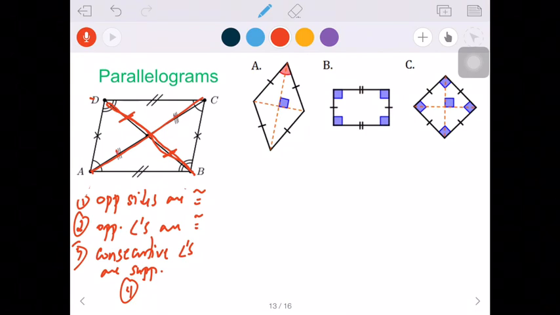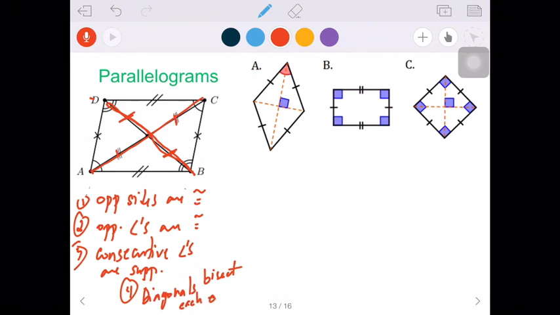Also, this part and this part, which means to say that the diagonals of a parallelogram bisect each other. Okay, so when they intersect, they form two smaller segments which are actually congruent. So these are the general properties of parallelograms.